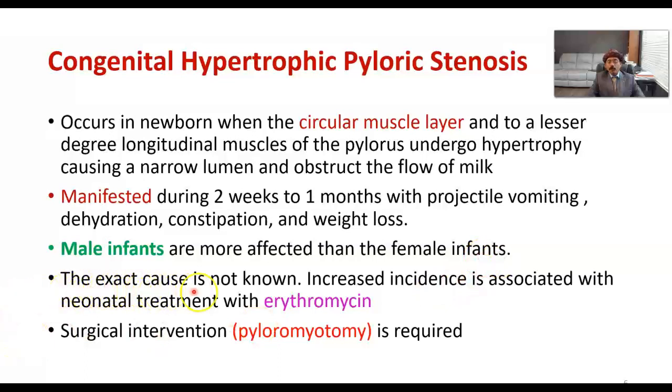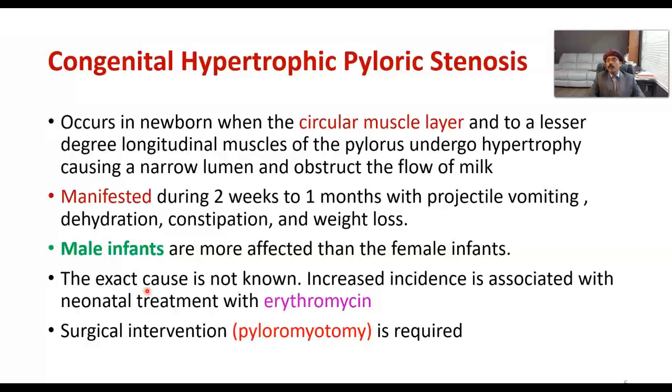The exact cause is not known. Increased incidence is associated with neonatal treatment with erythromycin or azithromycin. It is found that male infants have more chance to get congenital hypertrophic pyloric stenosis. Also, it may run in families.